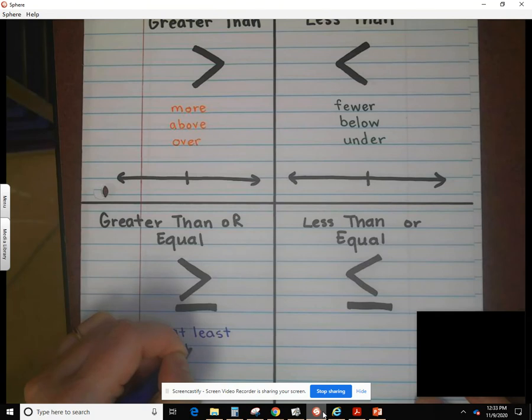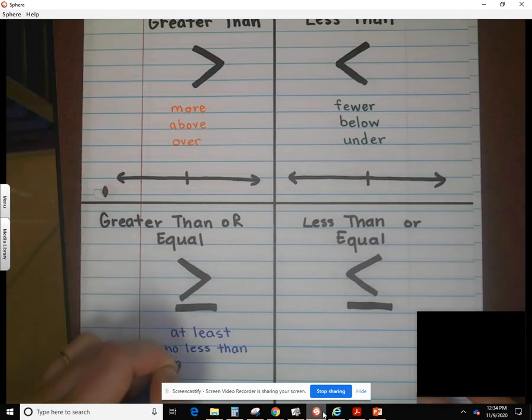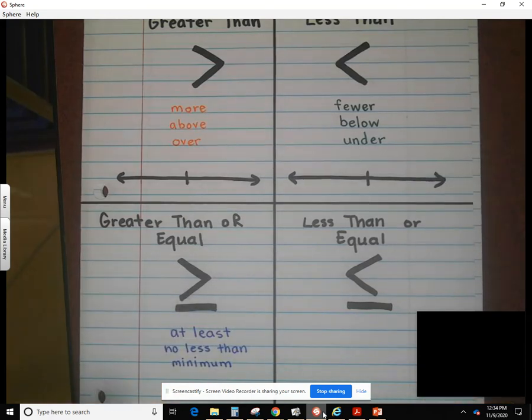Another way is no less than. You can make no less than a 70 on your test to pass. So you can't make less than. You can make equal to 70 or you can make more. Or at an amusement park, you have to be a minimum of 48 inches to ride the big roller coaster. So minimum means you could be 48 inches or you could be greater than 48 inches. So those mean greater than or equal to.